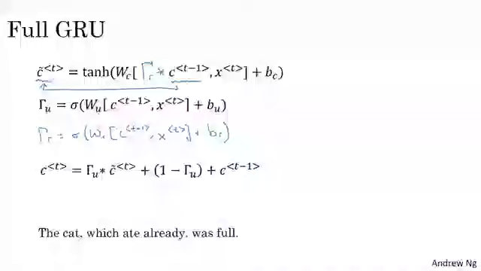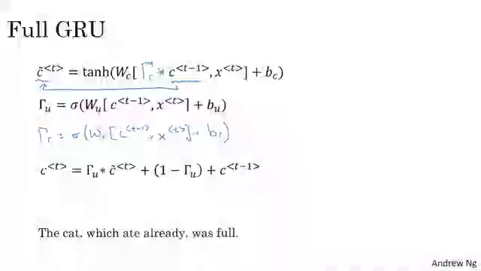And why do we have gamma R? Why not use the simpler version from the previous slides? It turns out that over many years, researchers have experimented with many different possible versions of how to design these units, to try to have longer range connections, to model longer range effects, and also address vanishing gradient problems.